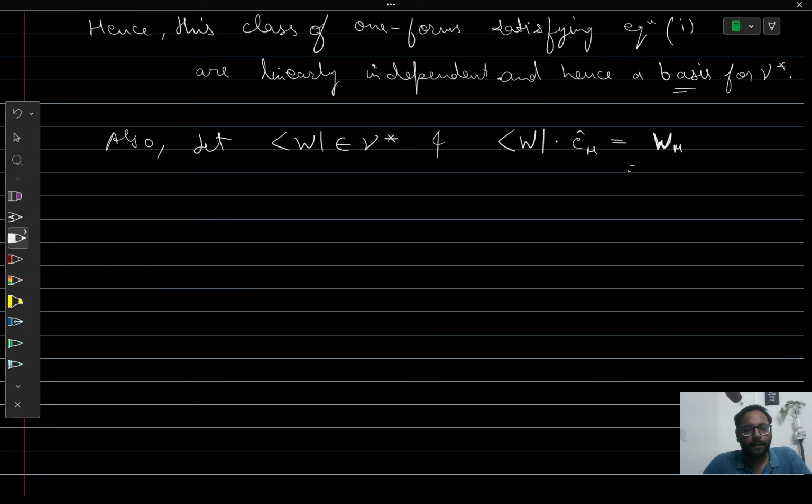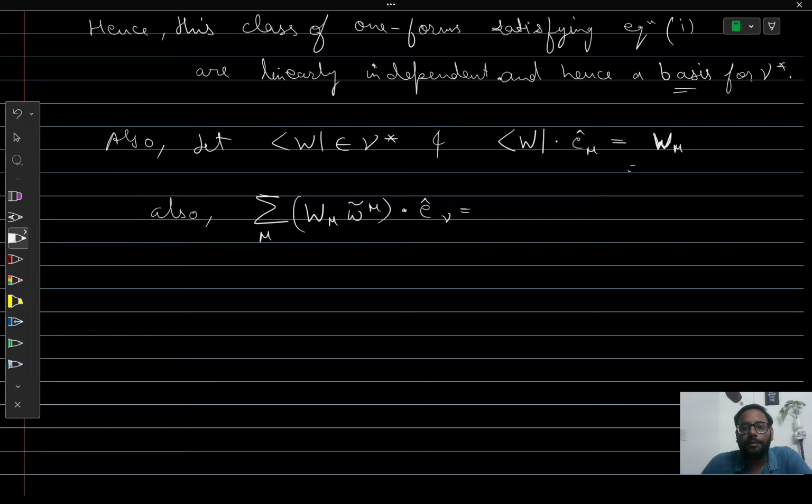Now also, you take the summation over mu and this thing, and this is my basis covector actually, or say one form, and you take a dot product with this.